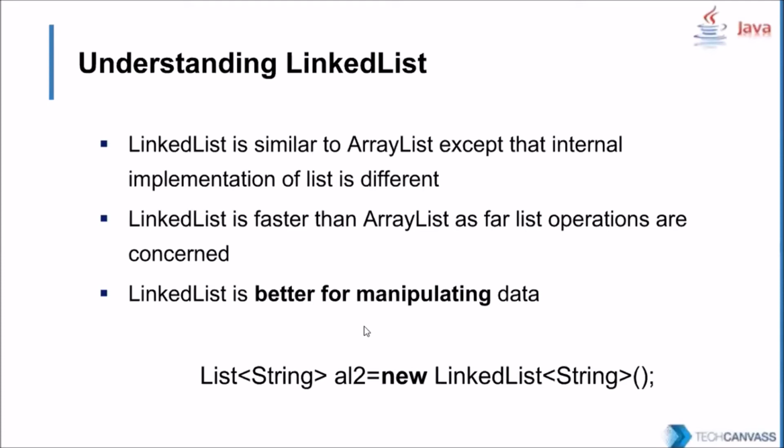So if you want any operation related to searching of elements, then we can make use of ArrayList. But if there are operations related to adding or removing certain elements from a list, then we would prefer linked list.